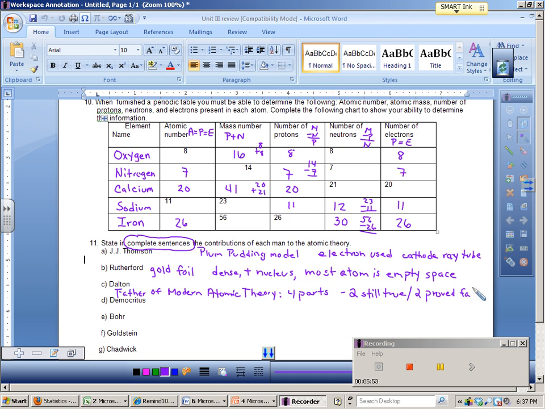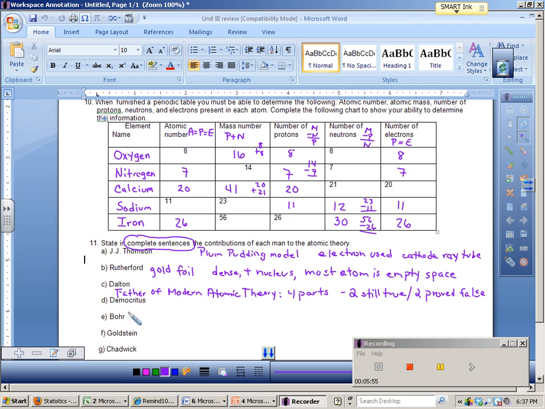So you need to know that in Dalton's theory, he said the atom was indivisible. We know now we have subatomic particles. He also said that all atoms of the element were identical. We now know that we have isotopes. So those 2 are proven to be false. The 2 that are still true is the one that they have to undergo chemical reactions every time they join or split or create new substances. So please be sure you know the 4 parts.